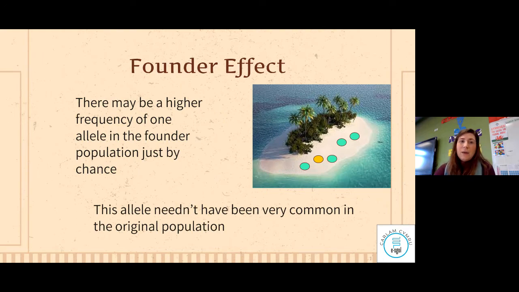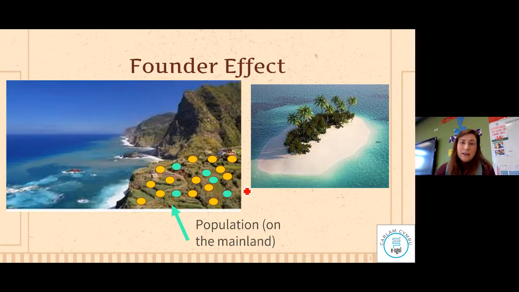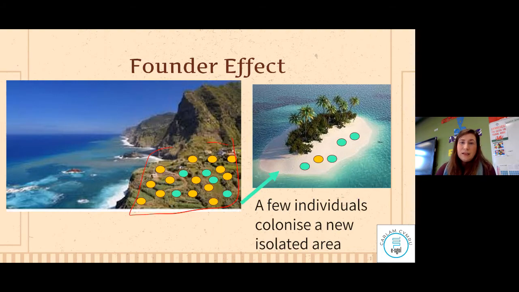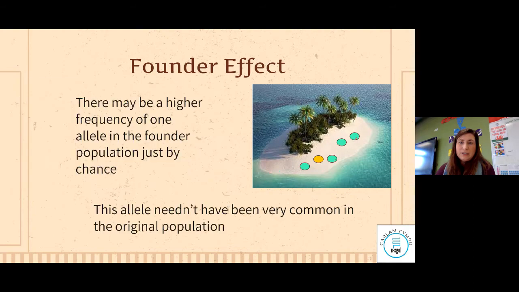There may be a higher frequency of one allele in the founder population just by chance. So I've actually shown it here. You can see originally there's more yellow allele, and now we have more of the turquoise allele, because it doesn't always have to be representative of the parental population. So there can be a higher frequency of one allele in the founder population just by chance, and it didn't need to be the most common in the parental population.